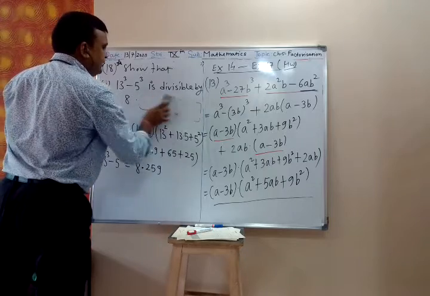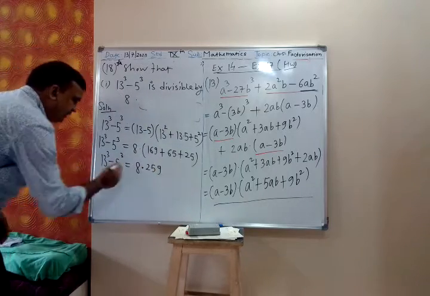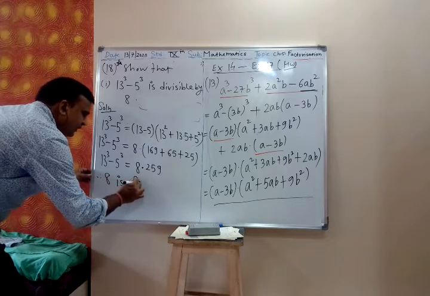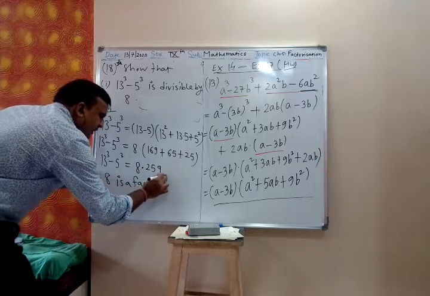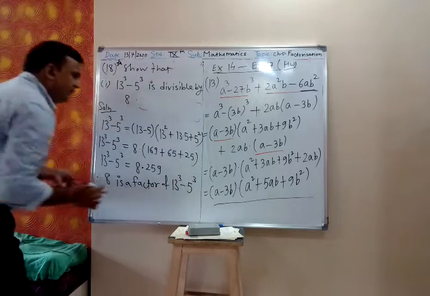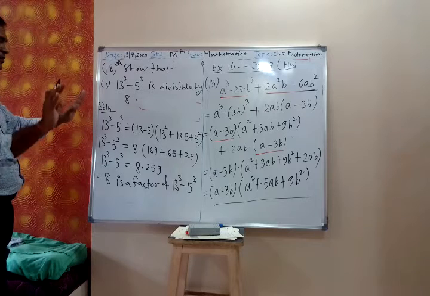The same logic we apply. What is 13 cube minus 5 cube? It is 8 into 259, which implies 8 is a factor of 13 cube minus 5 cube. This is not by method of contradiction.